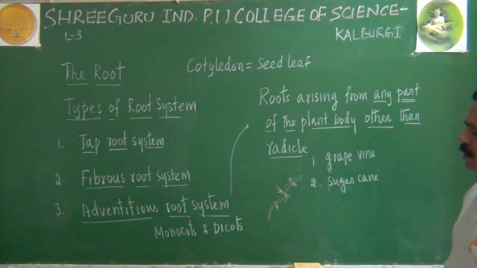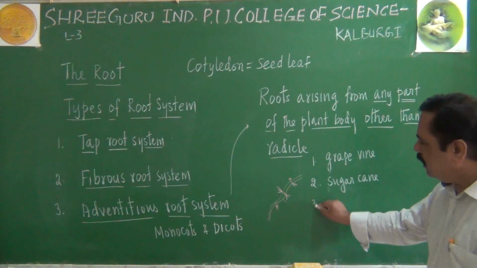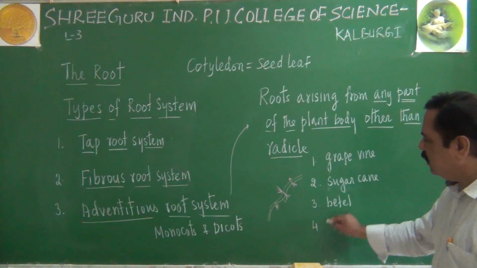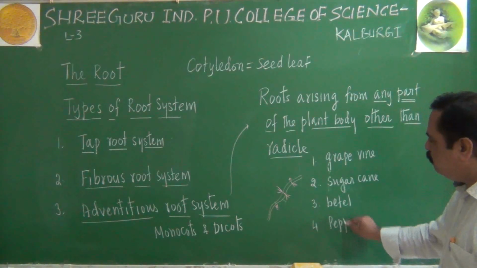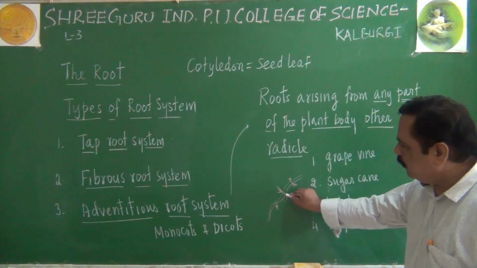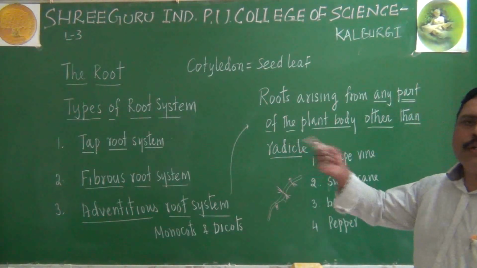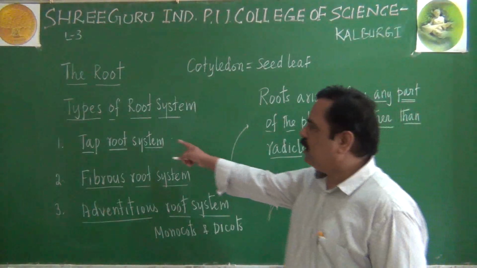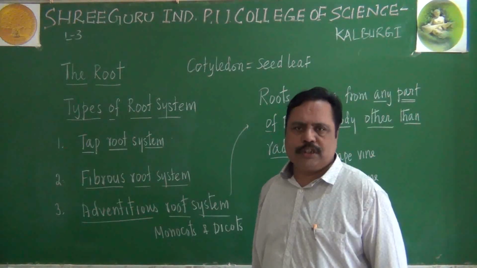Betel plant will be giving rise to adventitious roots. Pepper has got this adventitious root. In them, nodes will give rise to roots, not radicle. If radicle gives the root, it may be a taproot or fibrous root system.